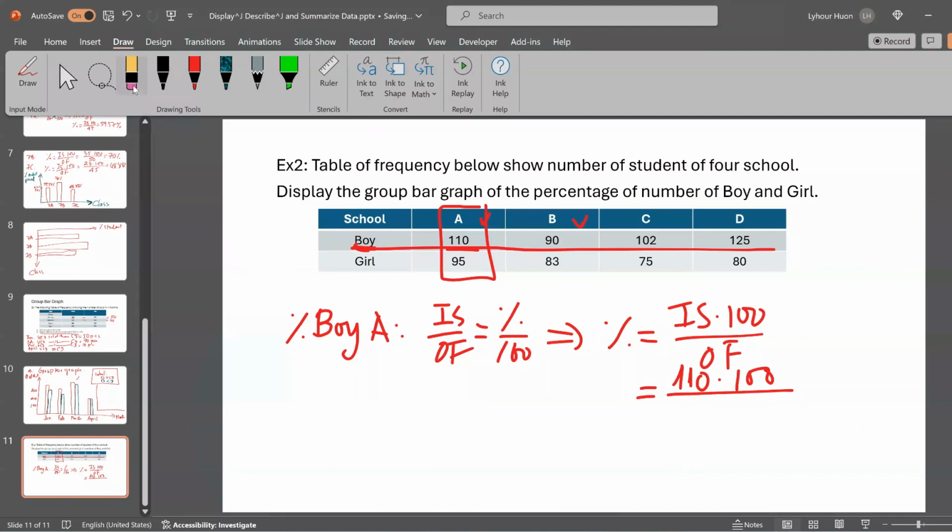We add 110 plus 95, which equals 205. So this is the total number, the of. So 110 times 100 divided by 205 is how many?